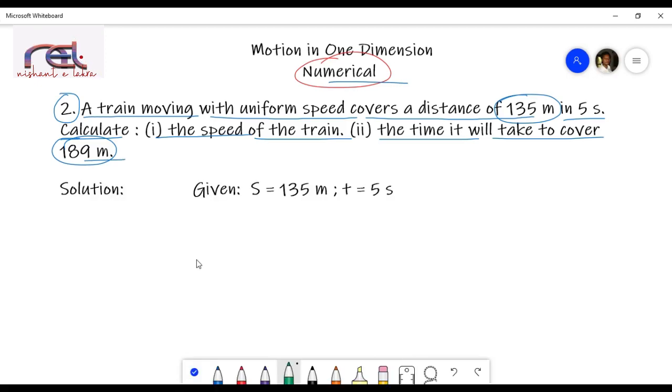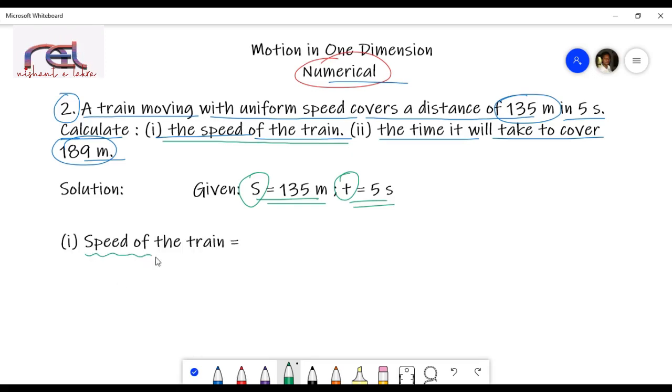Let us write down what is given in the question. Distance is given, right? That is 135 meter, and time is given as 5 seconds. Let's see the first question. How to solve the first question? The speed of the train. You very well know the formula to find speed, right? It is distance by time.